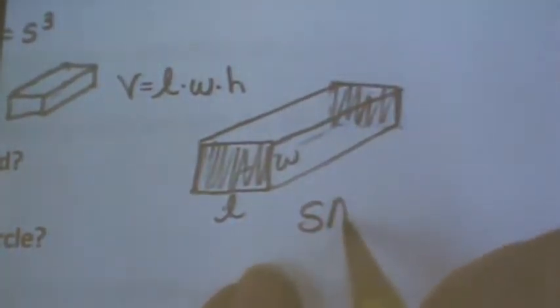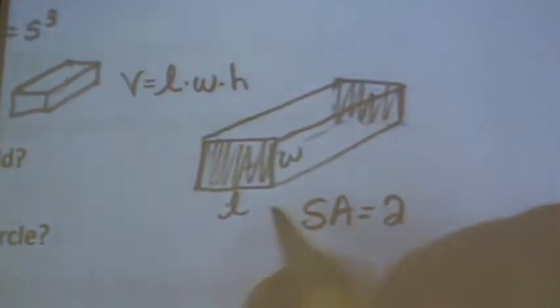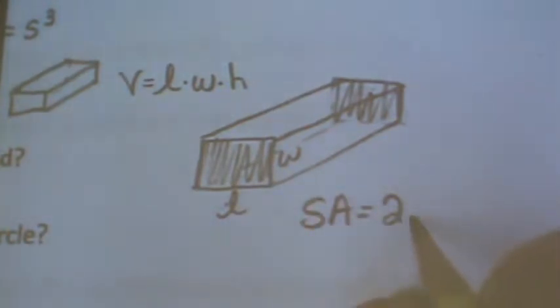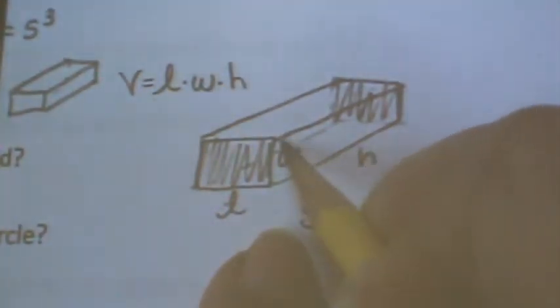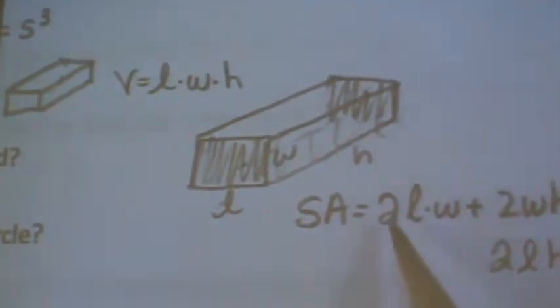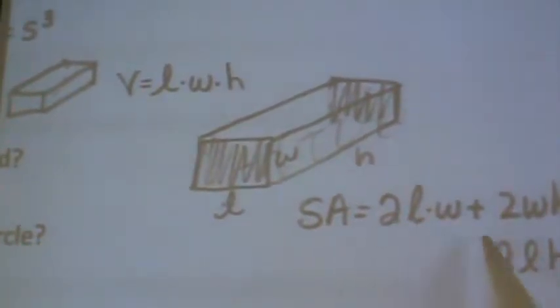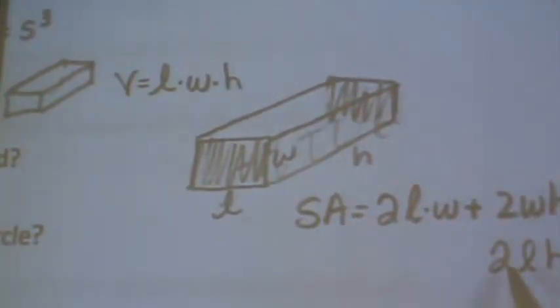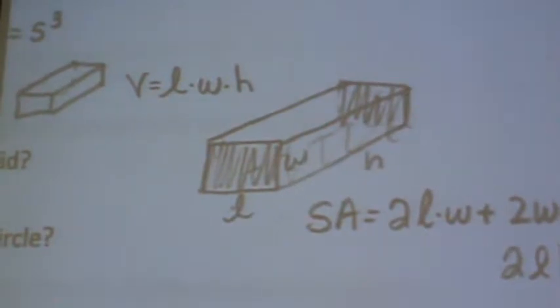So the surface area is going to be 2 of length times width plus, and then we're going to call this height, 2 of W times H, and then 2 of length times height. So you're going to add 2 times the length and the width, 2 times the width and the height, and 2 times the length and the height, add them all together.